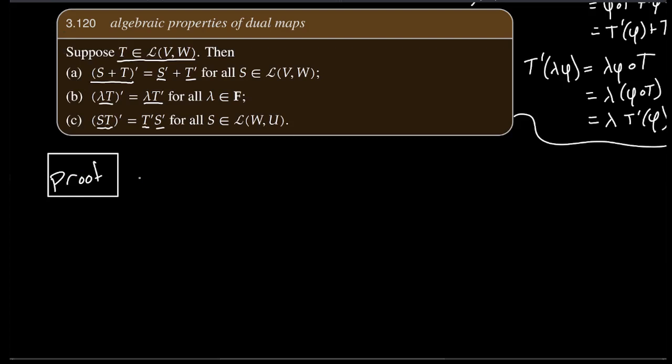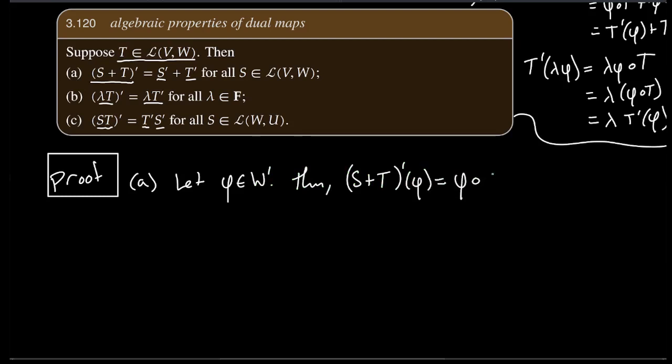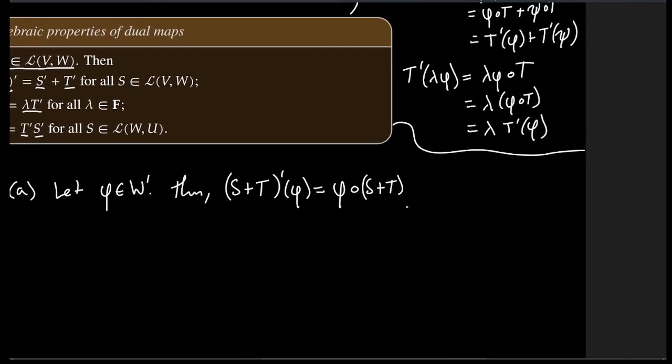Okay, so A. Let phi be an element of W prime. Then the dual map of S plus T, evaluated at phi, is defined to be phi composed with S plus T, which we can distribute. Nothing crazy is going on.